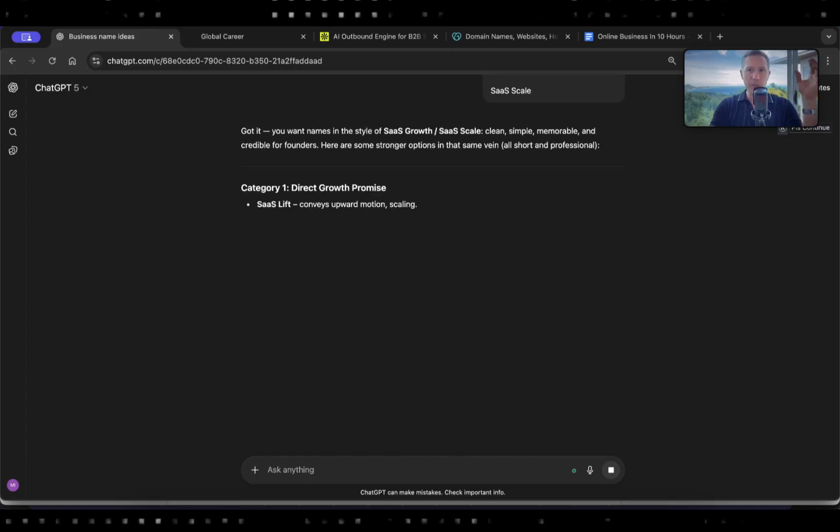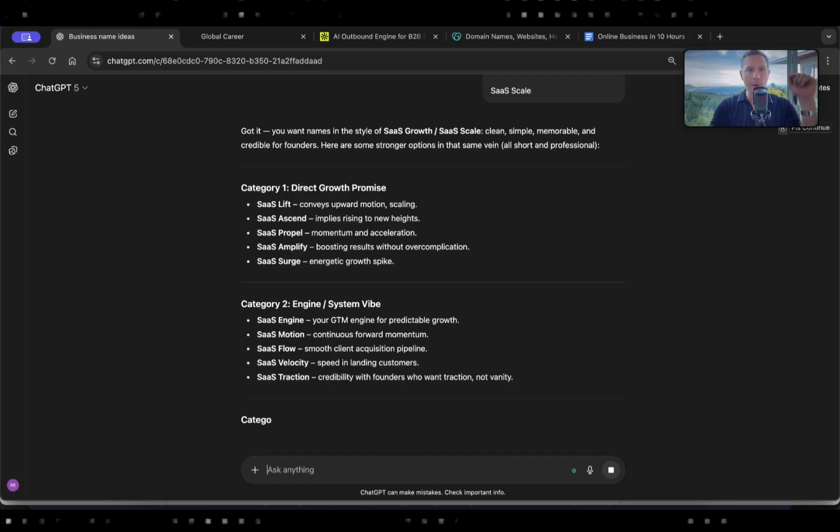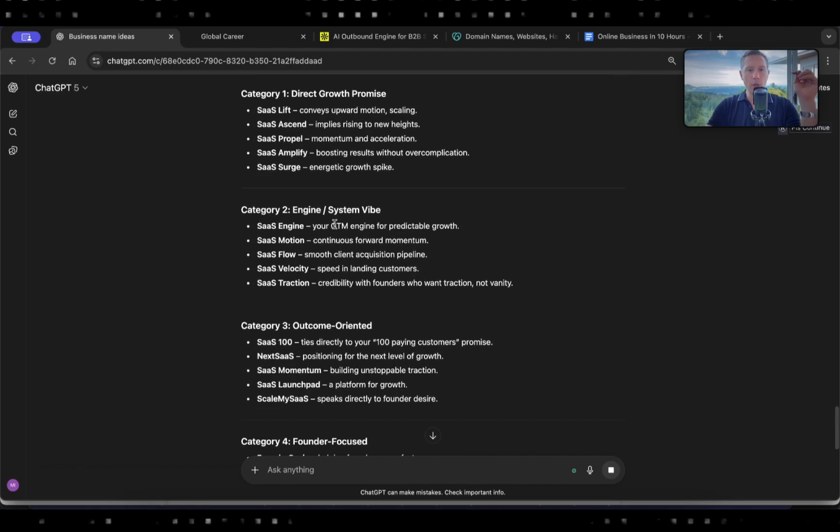I don't like these names, so let's go ahead and just reprompt it. Again, ChatGPT, it takes some give and take. I probably didn't use the best prompt there. Here's some better ones. Let's just try to not use SaaS.